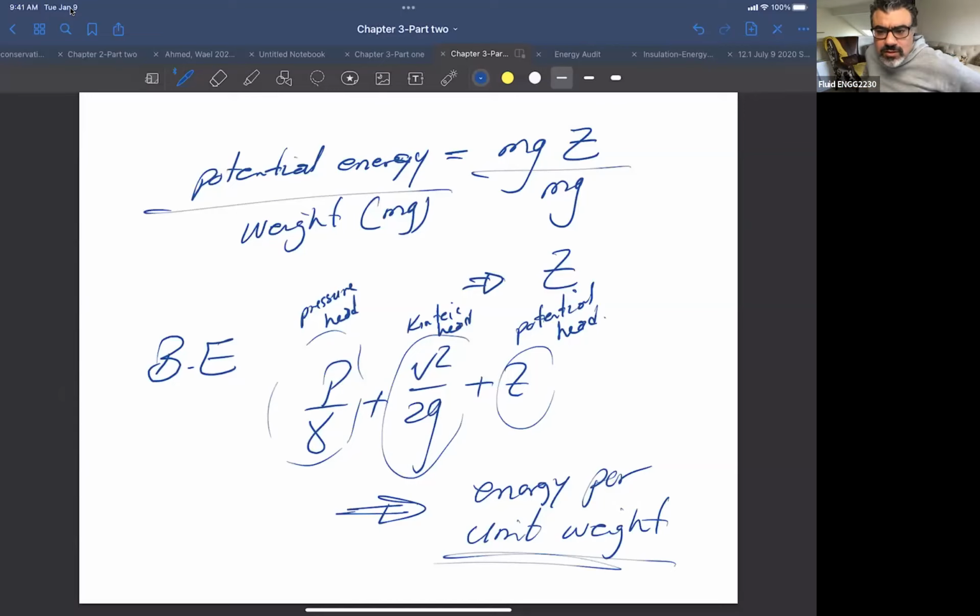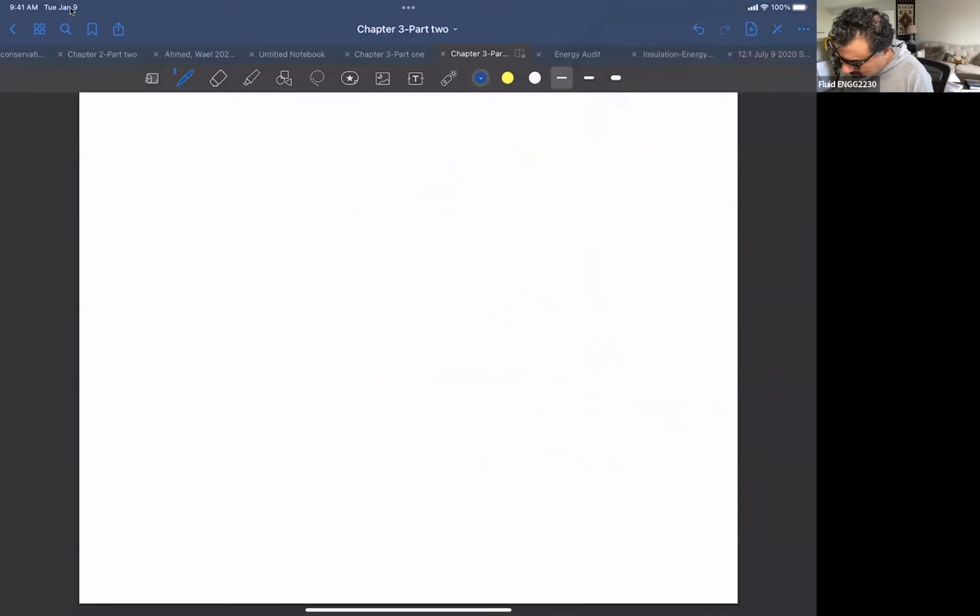How about the flow that is going out of a fountain? You've seen fountains, like these decorative fountains, right? There is a jet coming out and going like this. What is driving the flow in this direction? What is driving the fluid in fountains like this? So you have a fluid like this, and then the jet is going like that.